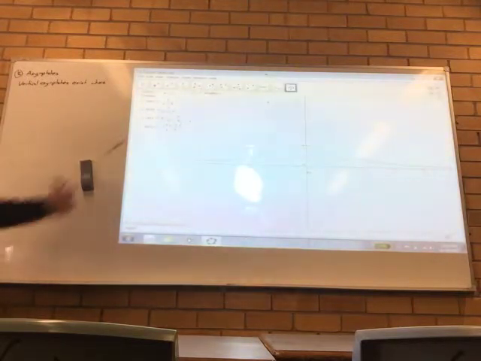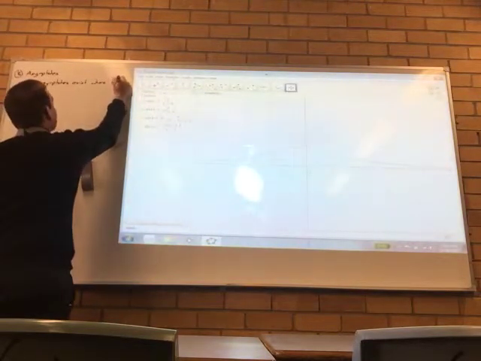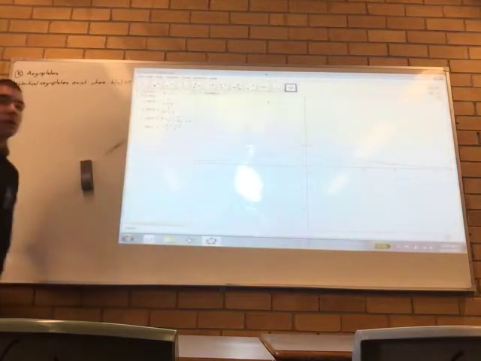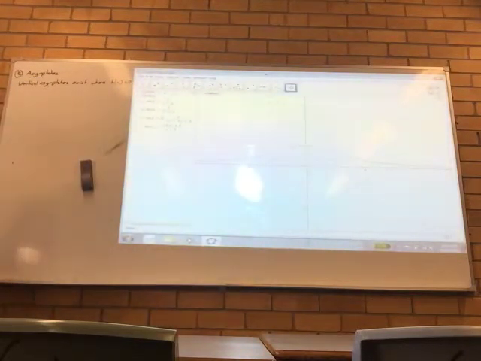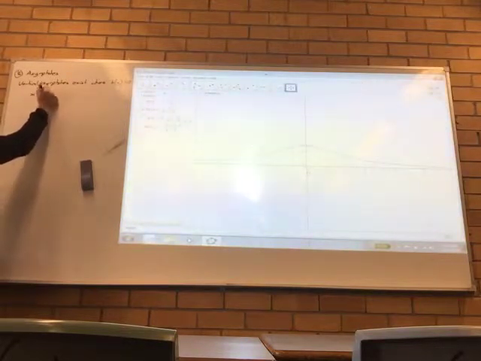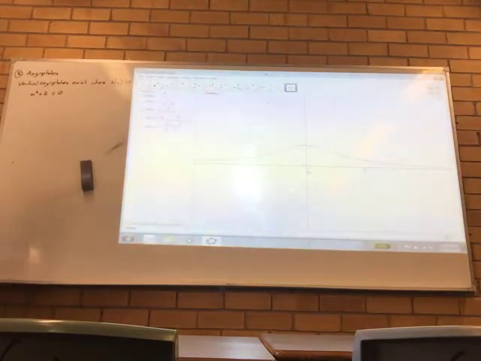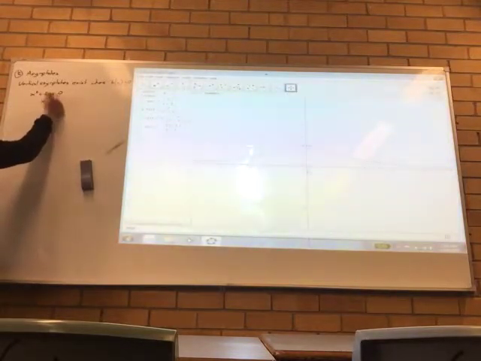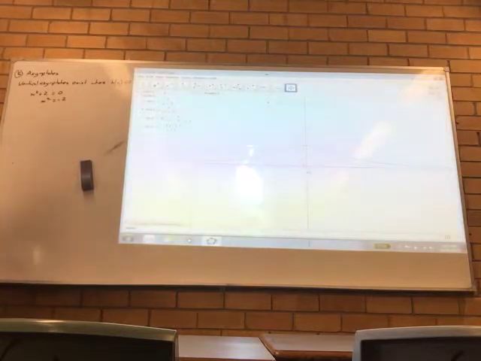Yep, so the denominator of the fraction will be 0, and that also determines your domain. So h of x, which is x squared plus 2, equals 0. Okay, solve for x. So x squared equals negative 2.